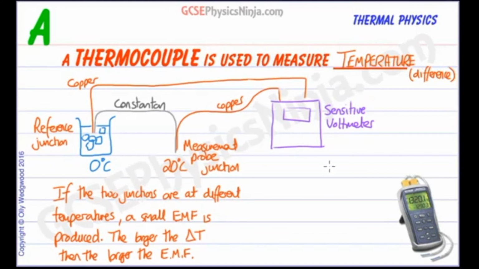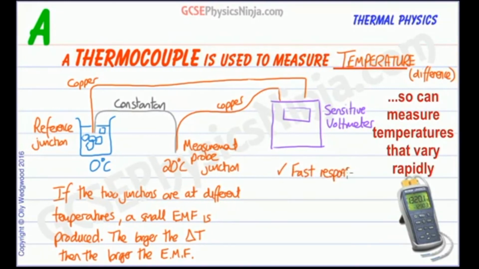So what are the advantages of a thermocouple compared to a liquid in glass thermometer? Well, I'll give you three. So the first one is that it has a very fast response time. It doesn't take a lot of energy to increase the temperature of these measurement probes at this junction because there's not much metal there to heat up.